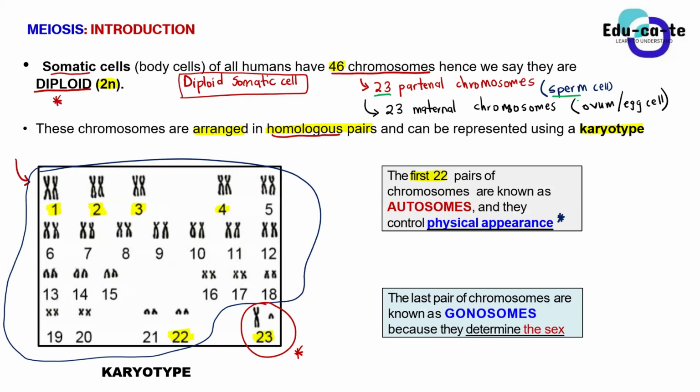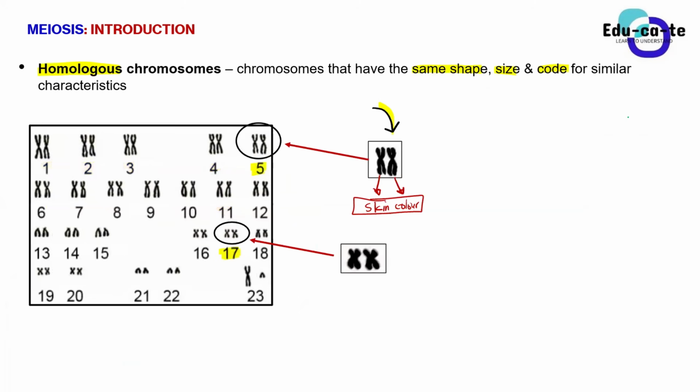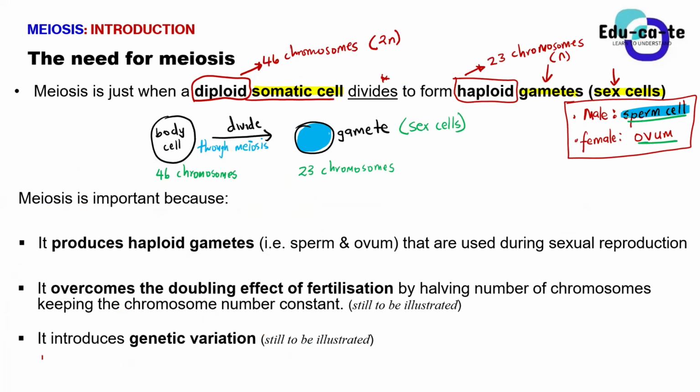A sperm cell is a gamete, a sex cell, so it consists of 23 chromosomes. The other 23 chromosomes come from your mother's ovum, or egg cell, which also contains 23 chromosomes. Are we together, guys?